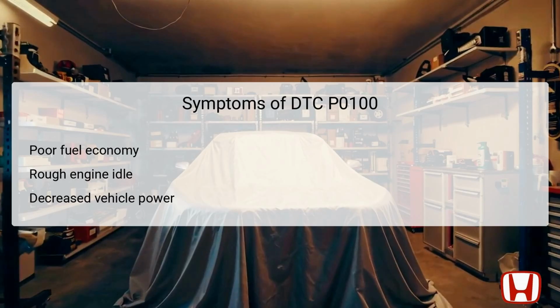A rough engine idle may also be evident, as fluctuations in engine speed can occur due to improper air intake readings. Lastly, decreased vehicle power can lead to sluggish acceleration, making driving unenjoyable and potentially hazardous. These symptoms highlight the critical nature of the MAF sensor's accuracy and the implications of malfunctioning components on the overall engine performance.